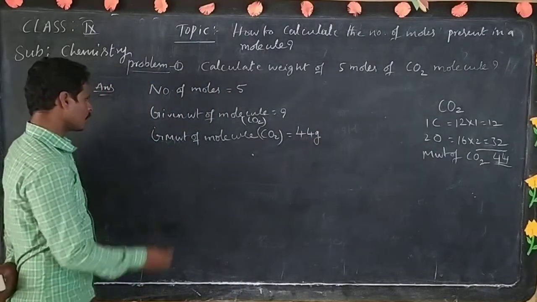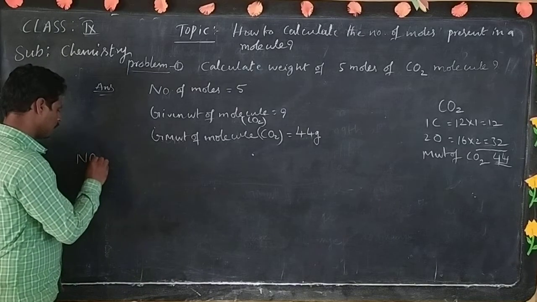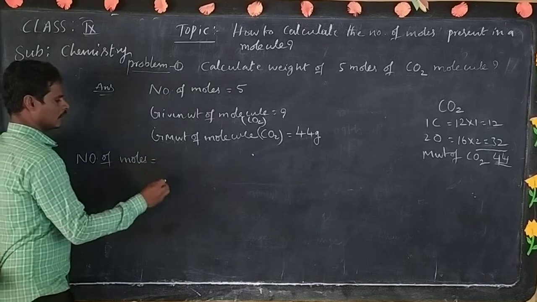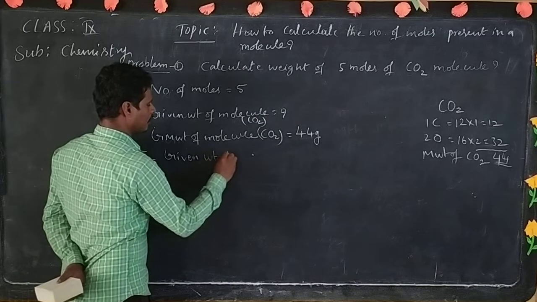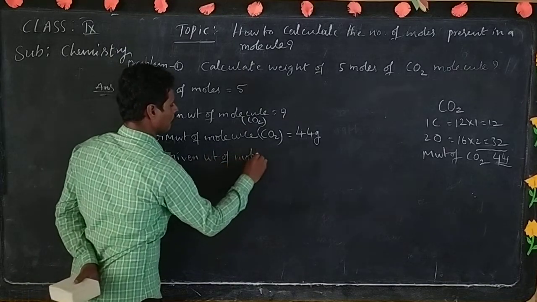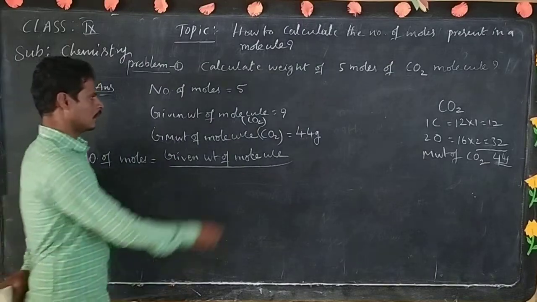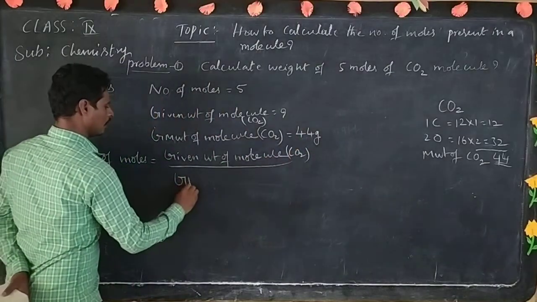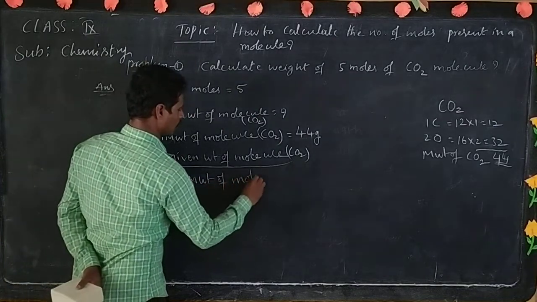Next, we know the general formula: number of moles equal to given weight of molecule, here carbon dioxide, by gram molecular weight of molecule.